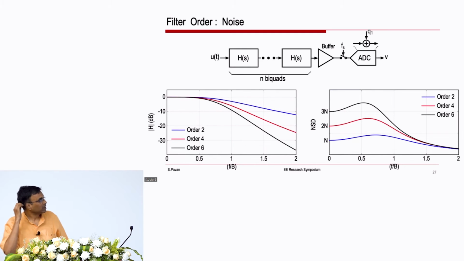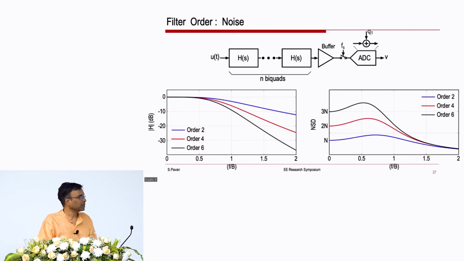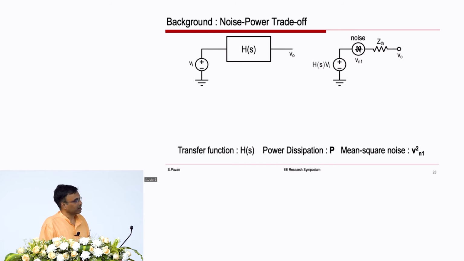And also, as you keep cascading more and more biquads, because each one of these biquads is adding noise, if you look at the noise spectral density at the output of the filter, you will find that when you go from 1 to 2 to 3, the noise spectral density keeps increasing as you keep adding more and more biquads. This makes sense, right?